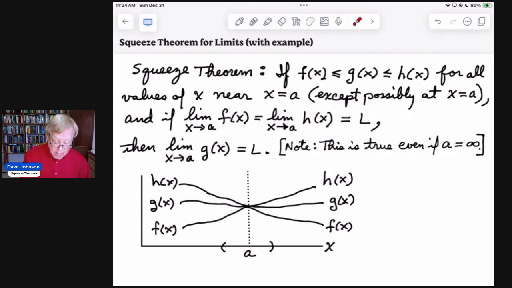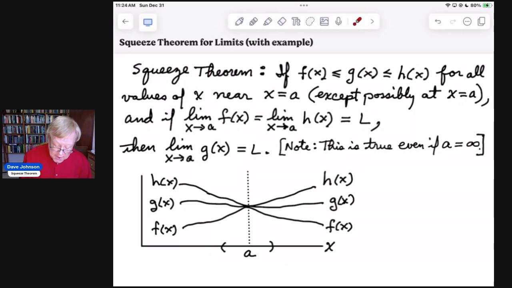In other words, the limit of g of x is going to be the same limit. We're going to call that L, just as a handle. So the limit doesn't have to be zero, although oftentimes it is, but it doesn't have to be.